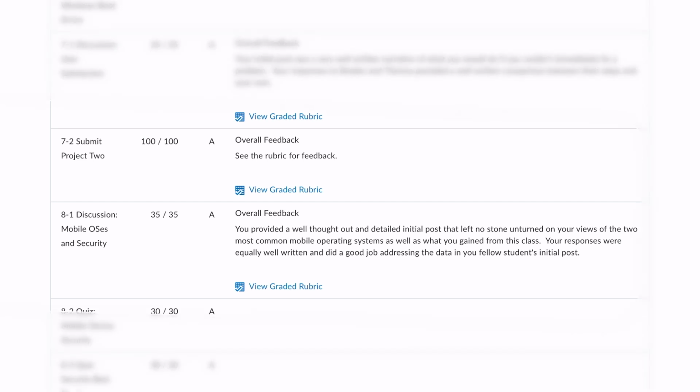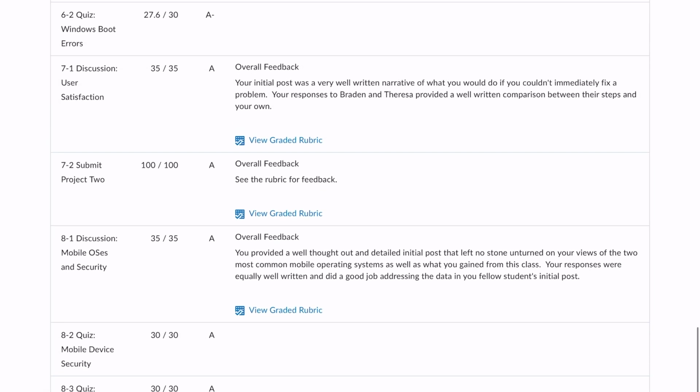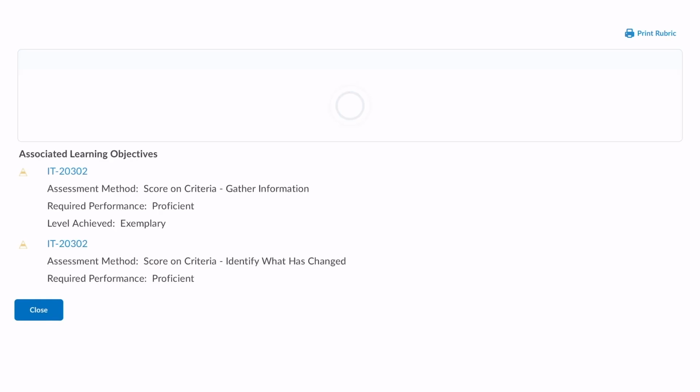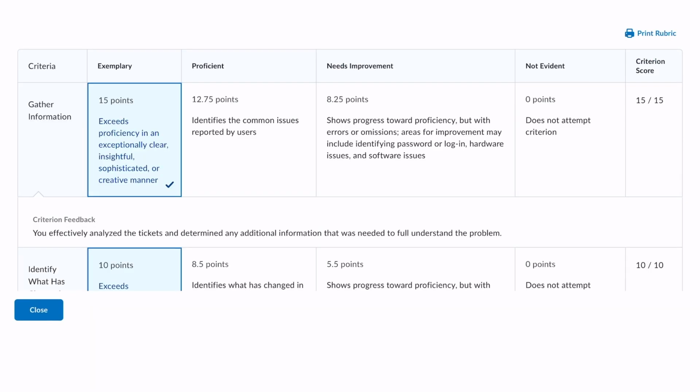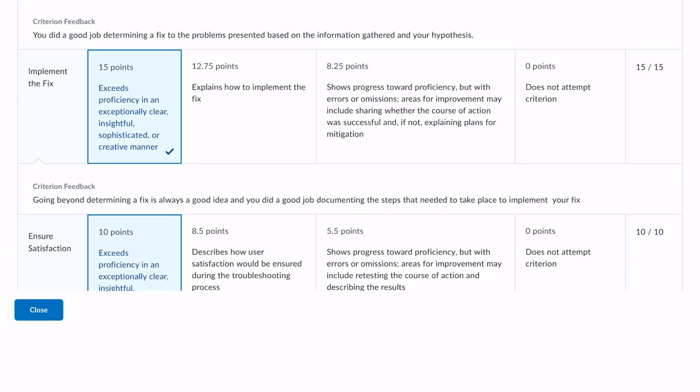So this last project that we had to do, the instructor pointed out a couple of things. One of them was that I guess I didn't use the template that they gave us. I was almost certain that I did, but for whatever reason, I had strayed away from the template.